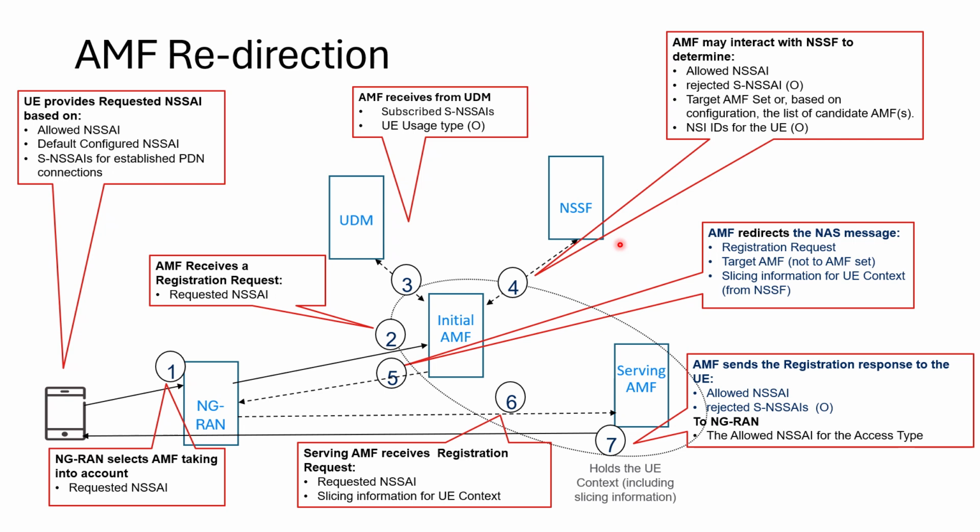So the NSSF generates the allowed NSSAI and explicitly selects the target AMF set, or you can say a list of AMFs, that is authorized to handle that particular traffic.